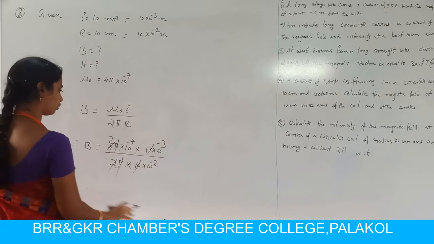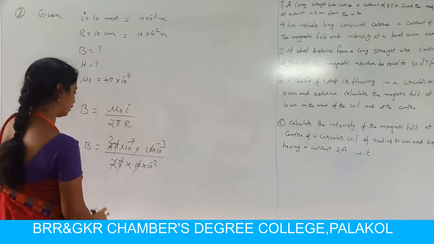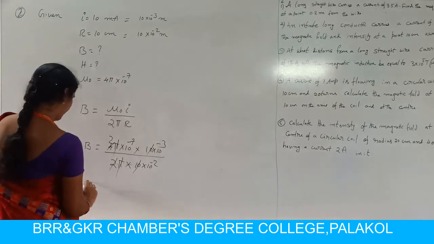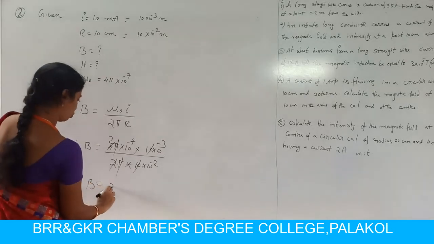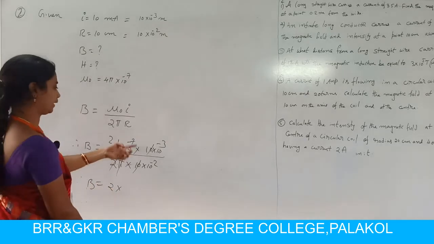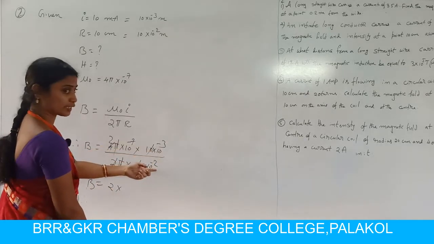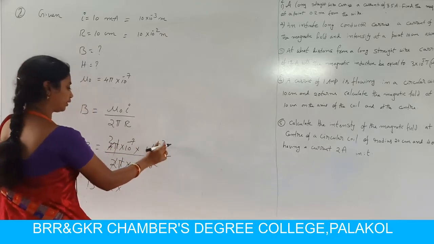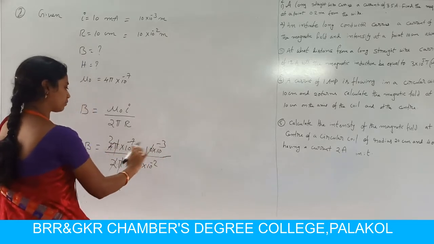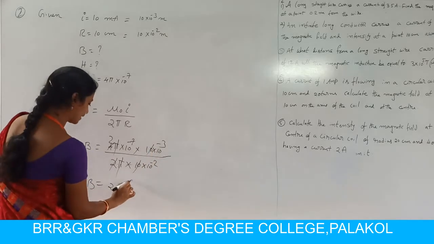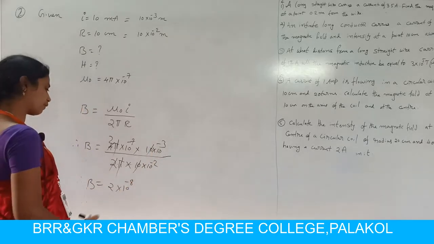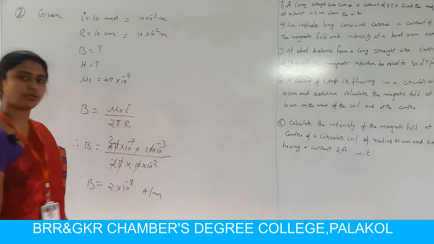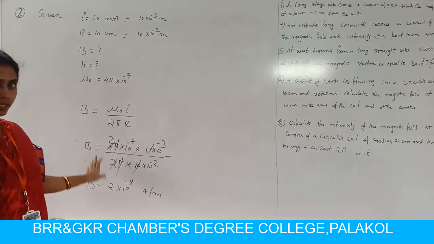Therefore B is 2 into 10 power minus 7, 10 power minus 3, and 10 power minus 2 converted into 10 power minus 1, which means 2 into 10 power minus 8. The units for B are ampere per meter or Tesla. So we calculate the B value for this.